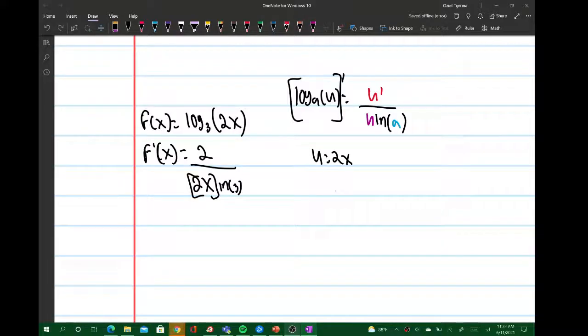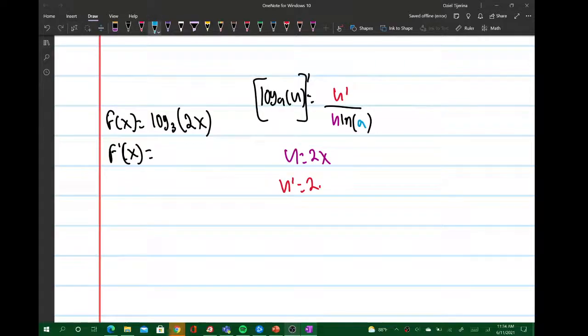So really we have something like this. Okay, and so u is equal to 2x. And also a equals 3.